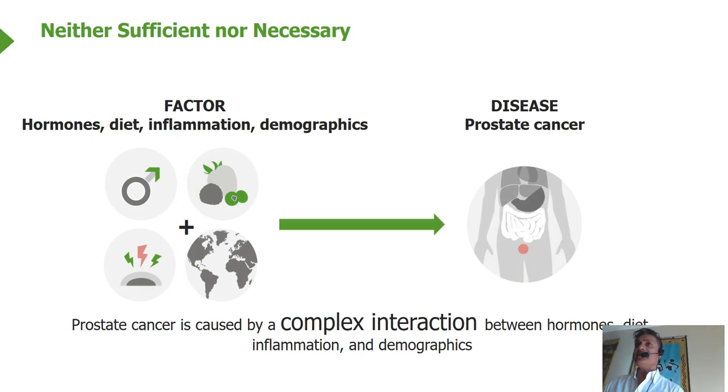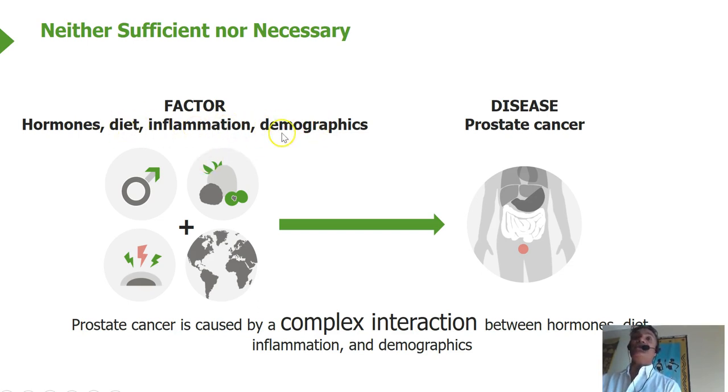Next one. It is neither sufficient nor necessary. And this, I believe, is probably the case for most things in life. Life is complicated, and interactions between exposures are happening all the time. So consider prostate cancer. For prostate cancer, you need hormones, you need a certain diet, you need an inflammation response. It affects only men, right?